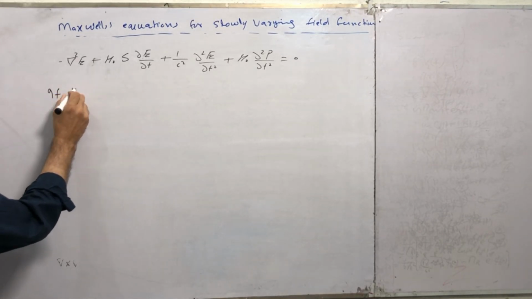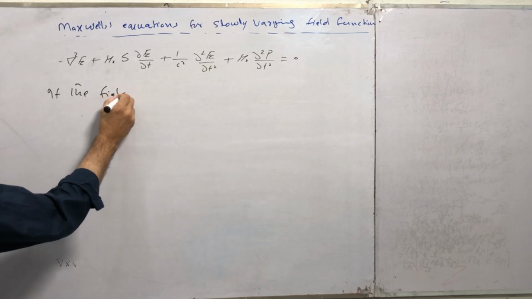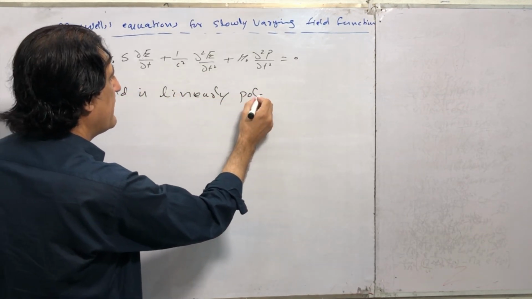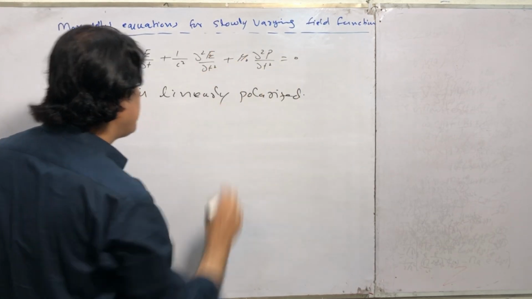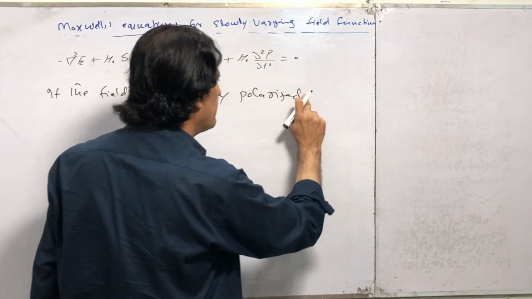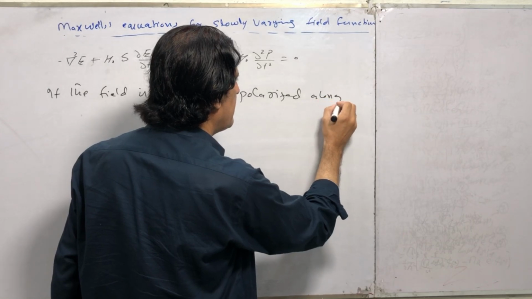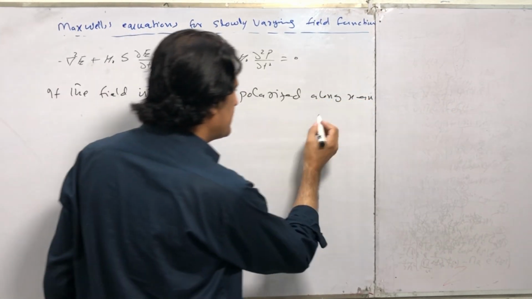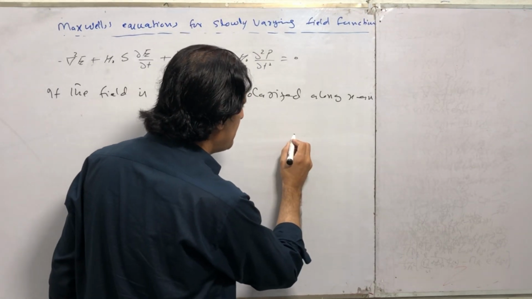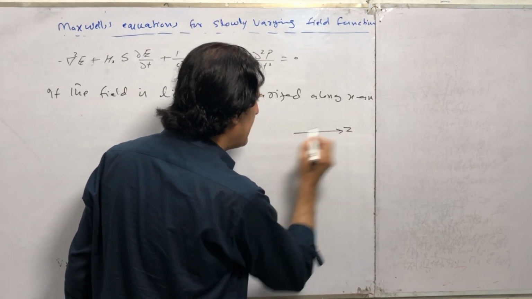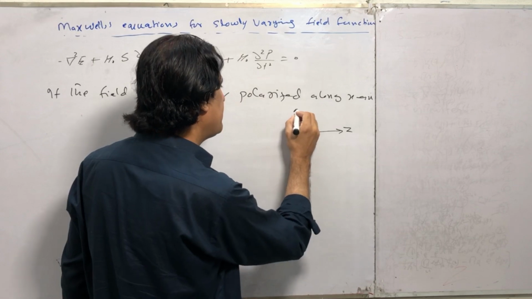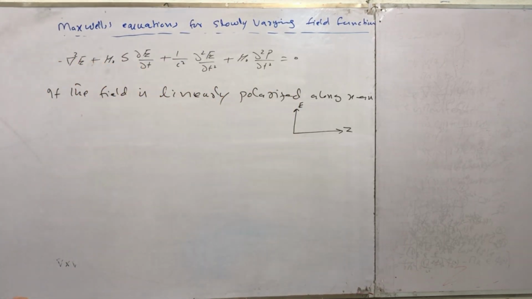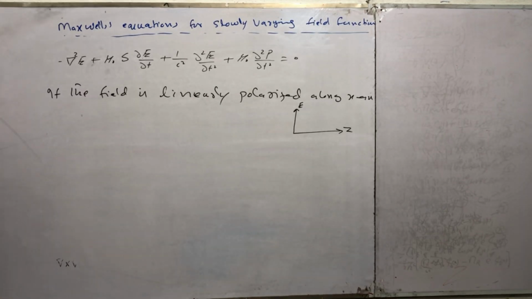Now, if the field is linearly polarized along the x-axis, suppose we have a field which is propagating along the z-axis, then the electric field must be aligned along the x-axis.